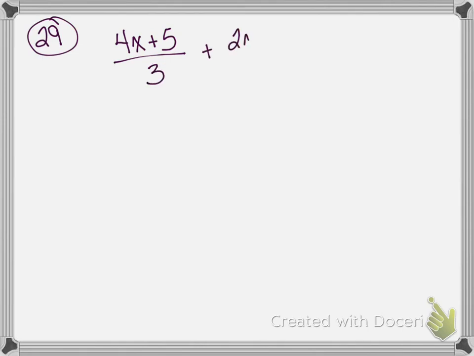Okay, so here is number 29. This is (4x + 5) over 3, minus (2x − 1) over 5, equals 2.